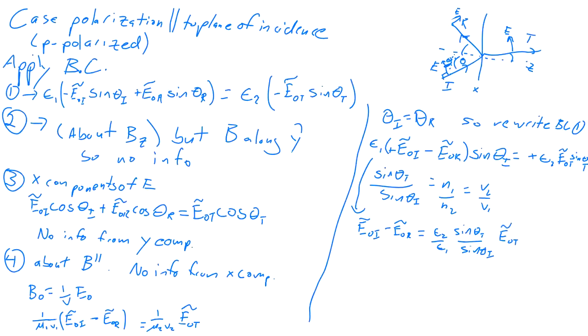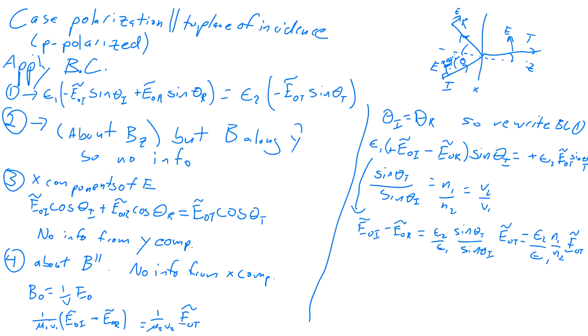Right, so we've got that, but then I can rewrite that right here as epsilon 2 over epsilon 1, and this is going to be n1 over n2. And we've got this amplitude here. Right. So we've got the difference in the incident and reflected complex amplitudes is proportional to, with a particular constant of proportionality, E naught T, like that.